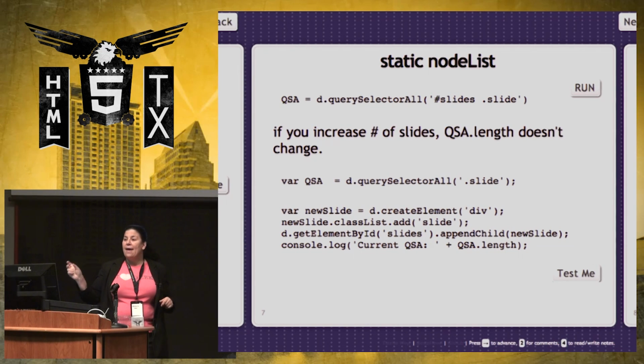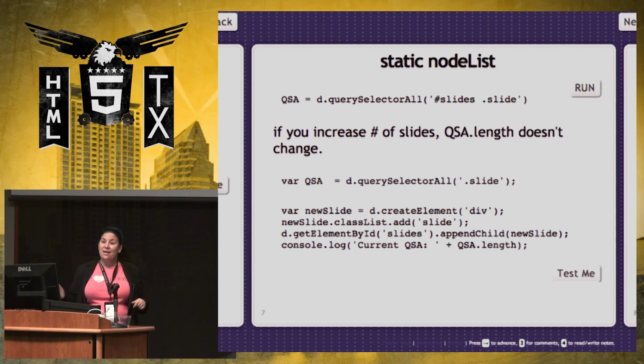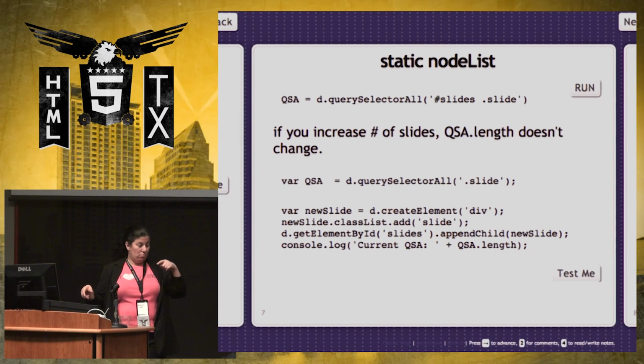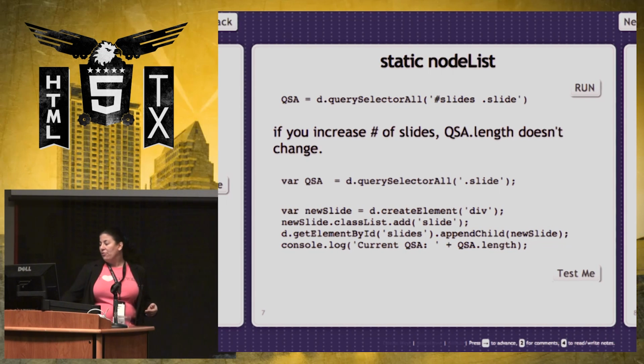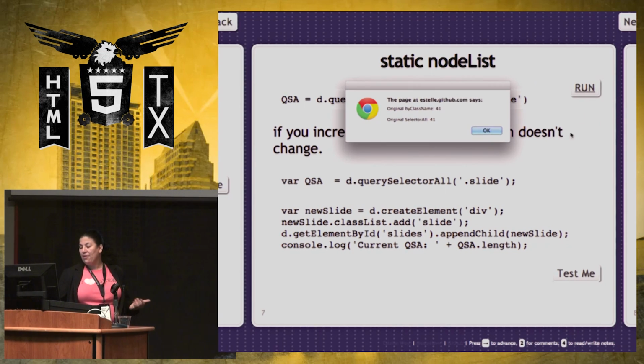If you use getElementsByClassName or $.slides, it's a live node list. If I were to add a slide, it would update. So I'm just going to run this, and I'm going to show you again that I have 41 slides. And I'm getting them by class name and by selector all, so 41.